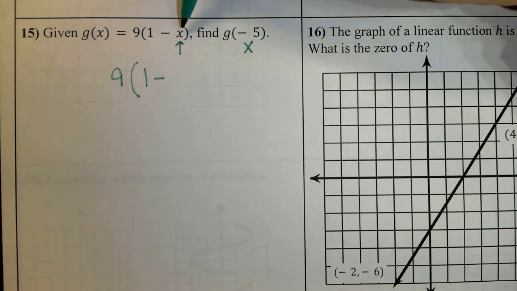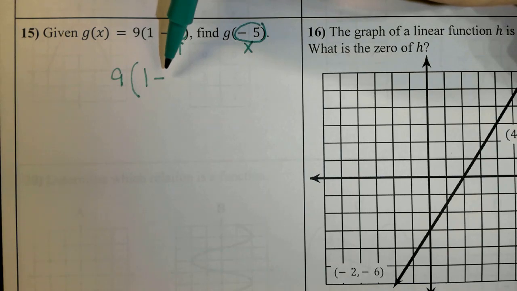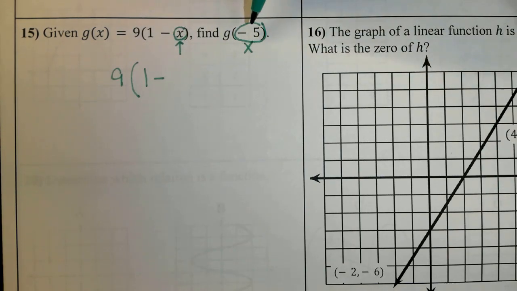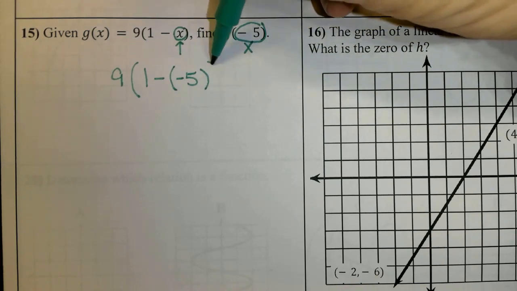Notice, if I am replacing just x with this whole number right here, that means that I don't change anything outside of x. I don't change anything before or after x. So that negative is not part of x, right? I am changing x only. So if this x is negative 5, that means this x now becomes negative 5.